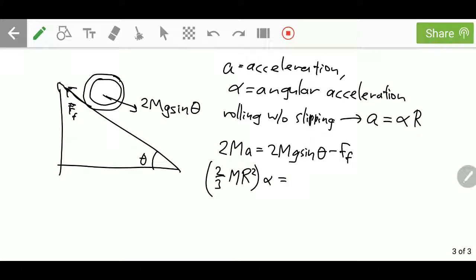Alpha will equal the frictional force times the radius, and that is the torque.